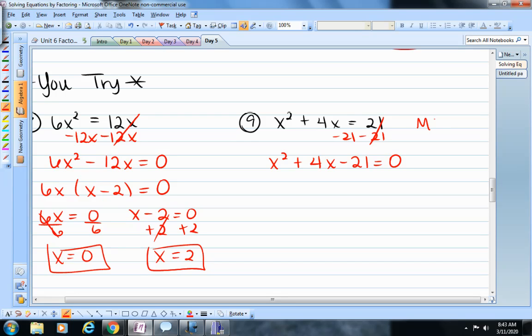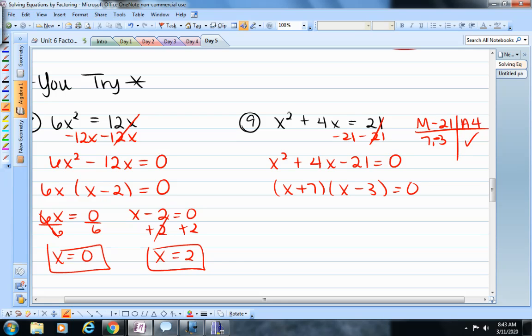Multiply to get what number? Negative 21, and add to get what number? 4. What numbers did that? Positive 7, negative 3. Do y'all agree? And then, yep, the leading term was a 1, so we can go straight from table to binomials. So they are x plus 7 times x minus 3 equals 0 in either order, right?